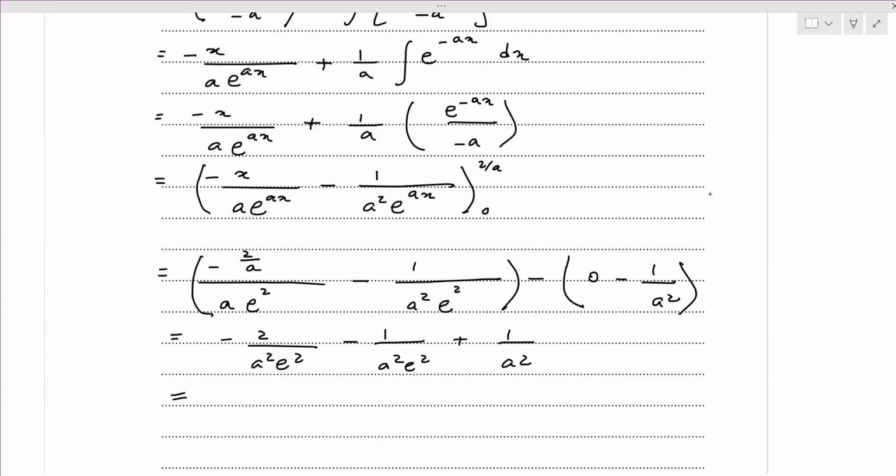So the final answer will be 1 over a square minus 3 over a square e square. This is the final answer.